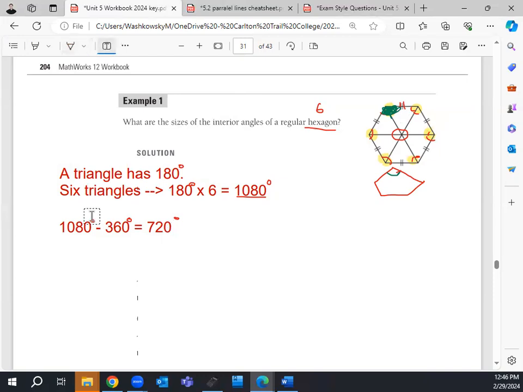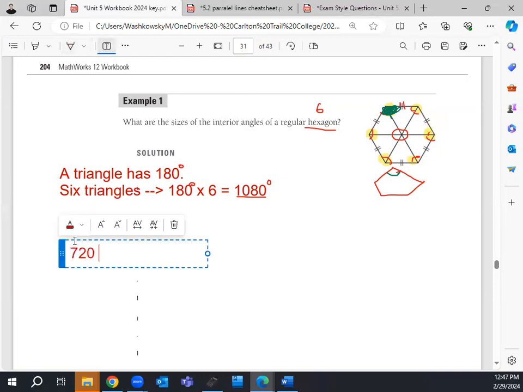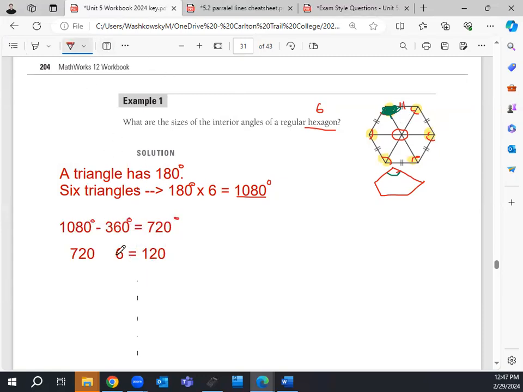So I can just take 720 degrees and divide it by 6, which would give me 120 degrees. So the answer here is 120 degrees. Each one of these interior angles, this yellow part, is 120 degrees.